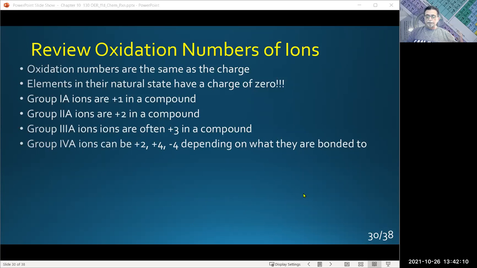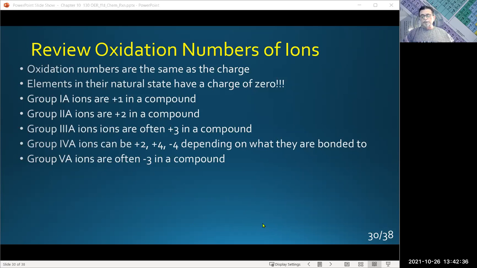The Group 4 elements can have either a +4 or a -2. They're on the fence. Remember, the driving force is the octet. By losing electrons, it has fulfilled the octet, because now the next energy level in is full.